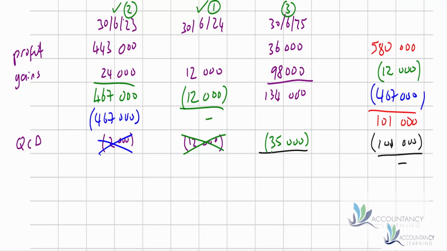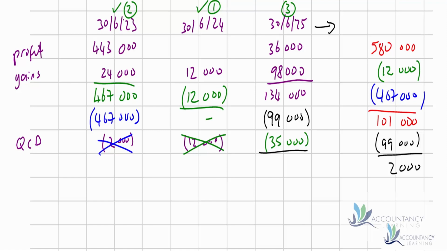Okay, now if we're carrying losses forward, we don't have to use all of the loss. What we're allowed to do is limit how much loss we use so that we can use those qualifying charitable donations. So if we only use 99,000 of our losses, we still have 2,000 losses to carry forward until 2026.